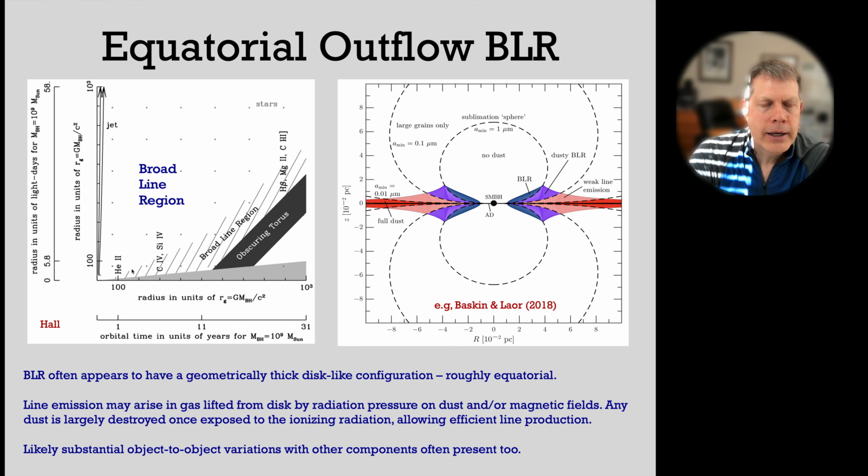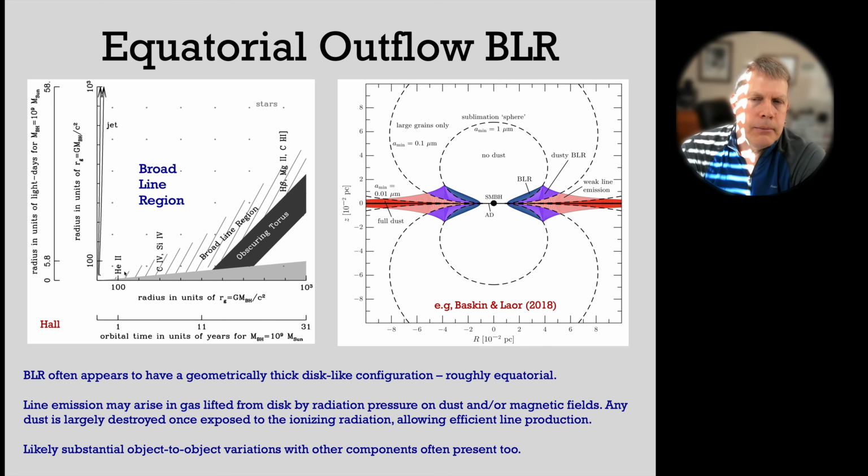So the idea shown here is that the broad line region quite likely has a geometrically thick disk-like configuration. So you have an accretion disk down here. There may be wind material flowing up off the accretion disk. That wind material is irradiated, photoionized by the brilliant central source, and that is what induces this material to produce the line emission. Broadly speaking, that's the idea.